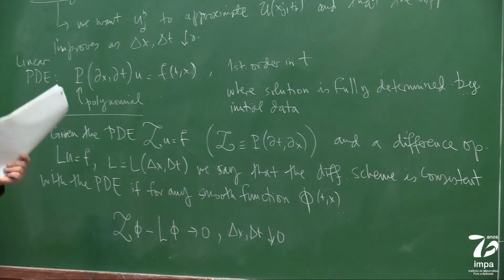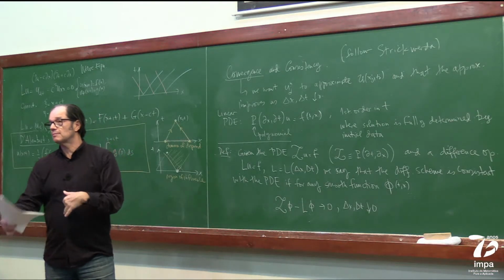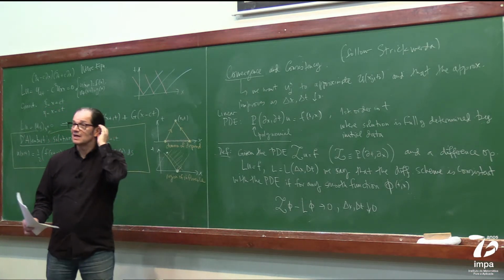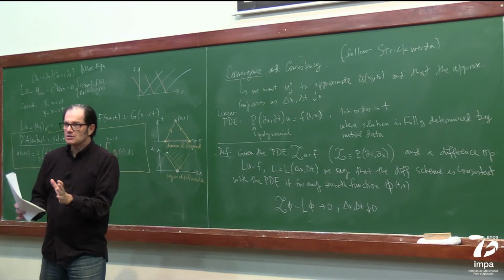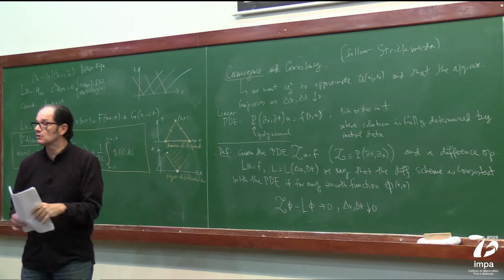okay, so I'm just exercising different words with you so that you feel comfortable, but no novelty, right? We already know this, no big deal. Just we get used to different notation. We saw consistency before looking at a local truncation error, and I called your attention that consistency has to do with operators being close together in some sense, looking one more like the other.